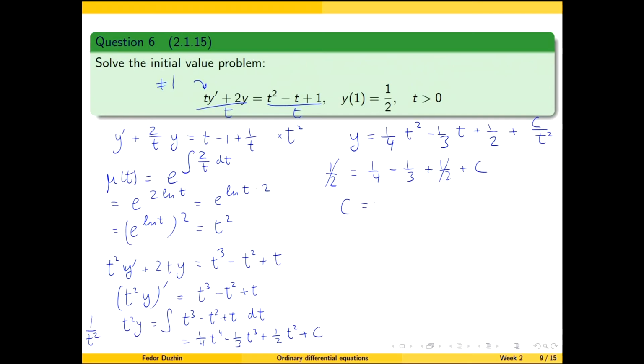So our c is 1/3 minus 1/4, which is 4 minus 3 over 12, which is 1 over 12. Therefore the final answer is y equals 1/4 t squared minus 1/3 t plus 1/2 plus 1 over 12 t squared. So this is the final answer.